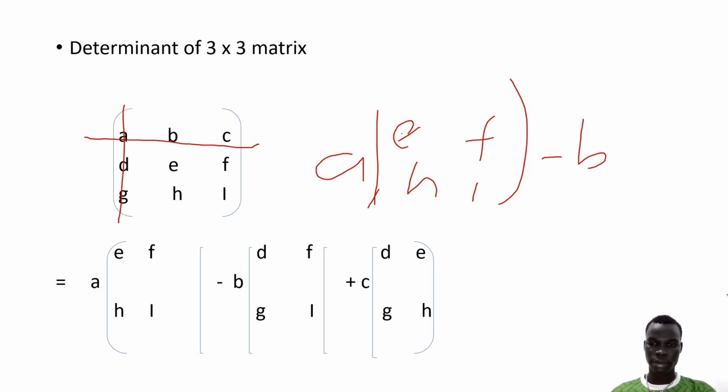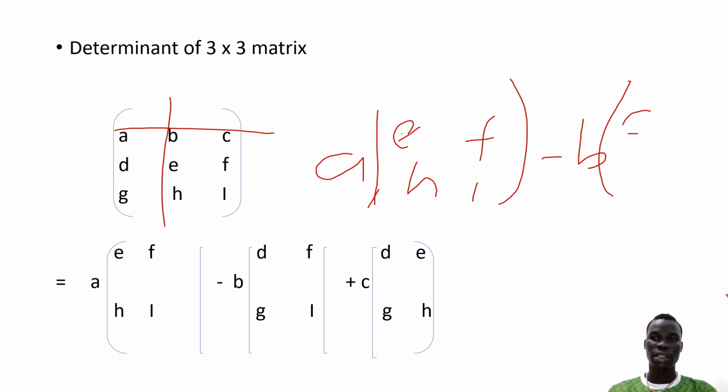To find the B, you need to eliminate row 1 and column 2. Then you remain with D, F, G, and I. So that's it.